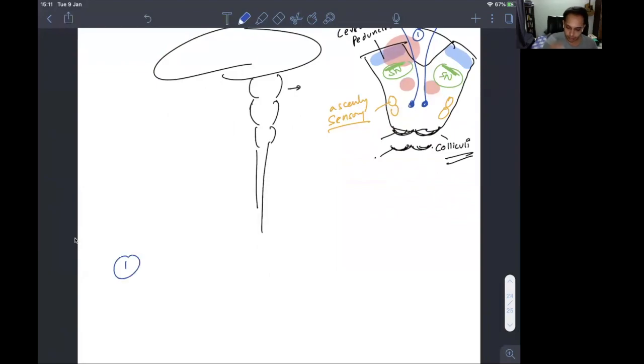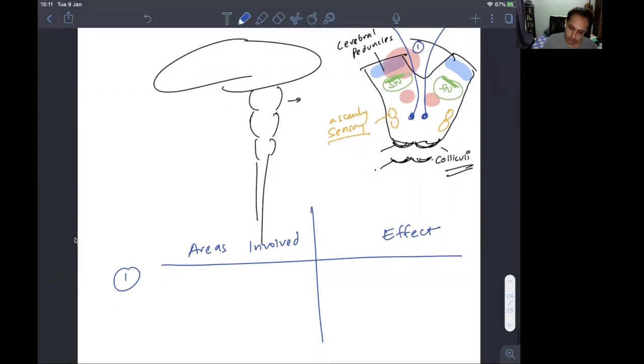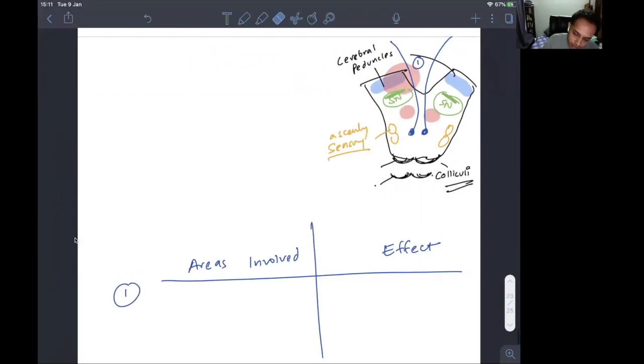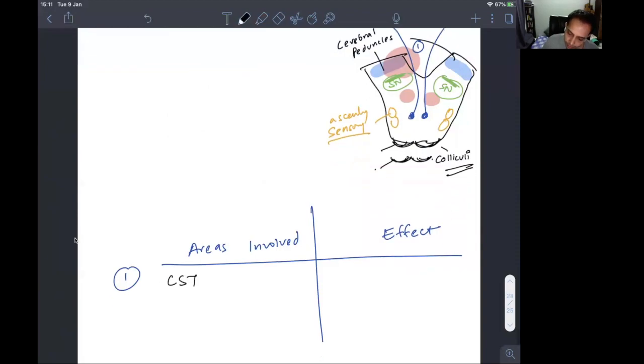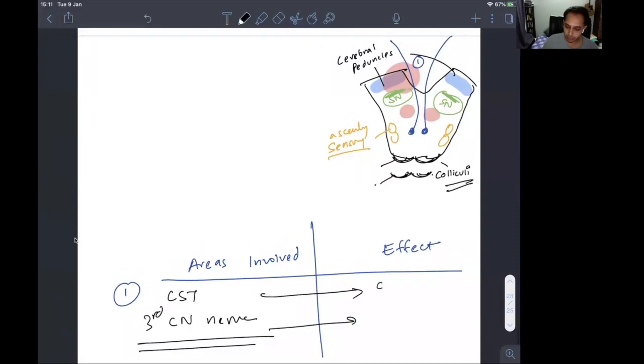In lesion 1, what are the areas involved and what is the effect? The areas involved are your corticospinal tract and your third cranial nerve. You will have contralateral hemiparesis because this corticospinal tract hasn't crossed yet.